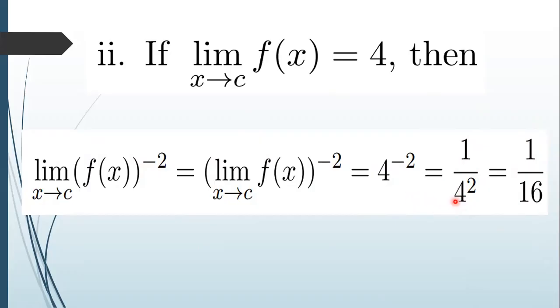So if the negative power is located on the numerator, then we can change it into the denominator's position. If it's located in the denominator, we can change it into the numerator's position. But in this case, since this is 4 raised to the power of 2, that's automatically over 1. So this is in the numerator, then we are going to simplify it like this. 1 over 4 squared, and that's equal to 1 over 16 because 4 times 4 is 16.